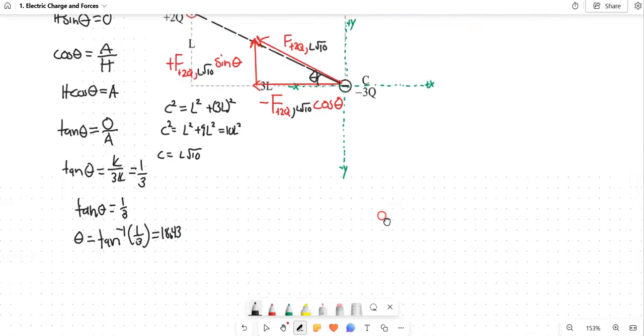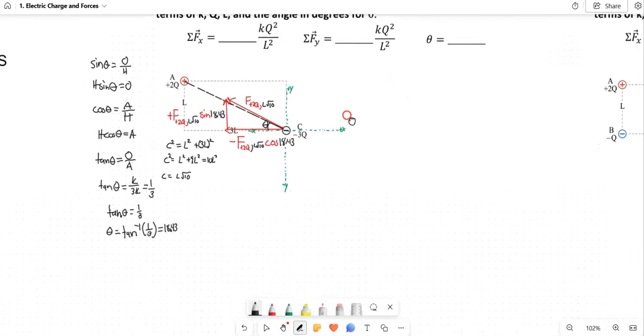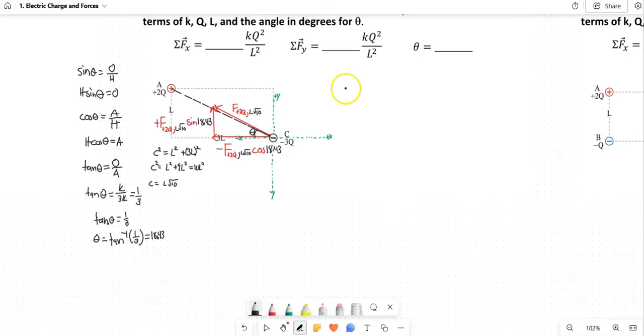Now I'm going to replace those two thetas with 18.43. So the angle that I'm using is 18.43.